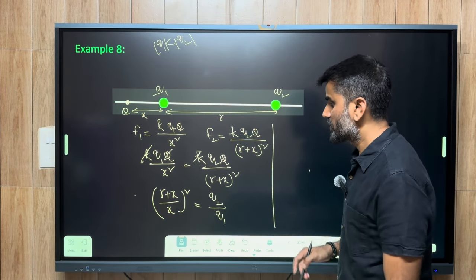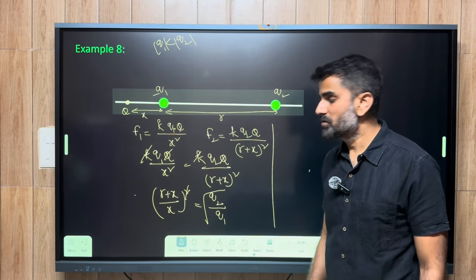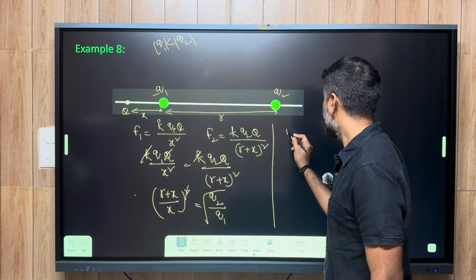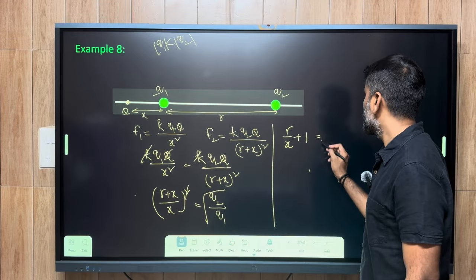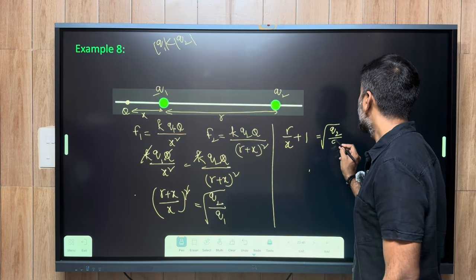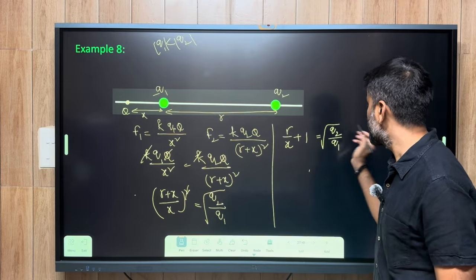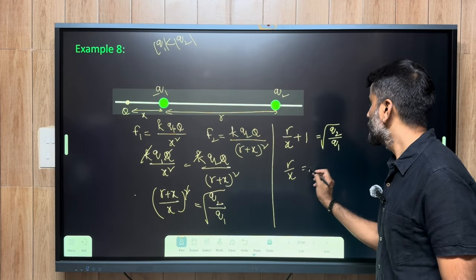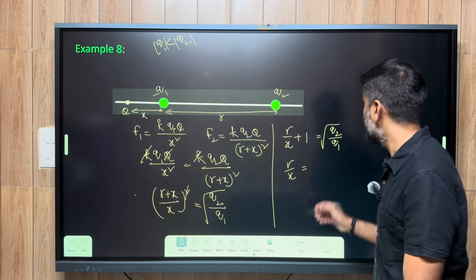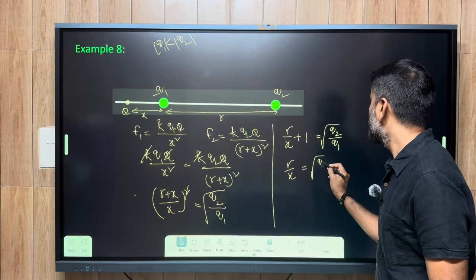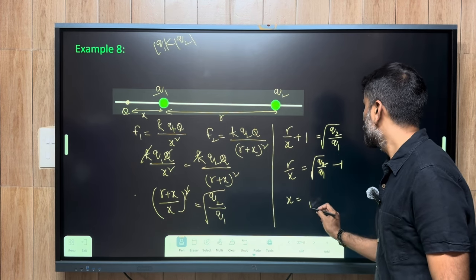Now let's simplify it further. If I remove the square, I will have a square root here. So R by X plus X by X, which is nothing but 1, is equal to root over Q2 by Q1. Now I can take this plus 1 to the other side. R by X is equal to root Q2 by Q1 minus 1.